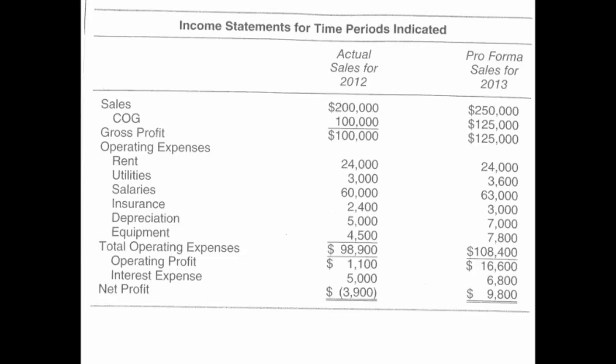The first step in putting together this pro forma financial statement is to consider costs of goods sold. The most basic assumption is that with an increase in sales of 25%, cost of goods sold will also increase by 25%. This is the assumption made in this pro forma income statement, and it is a perfectly reasonable assumption.